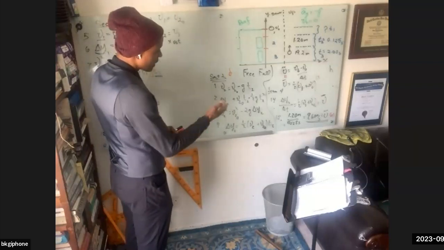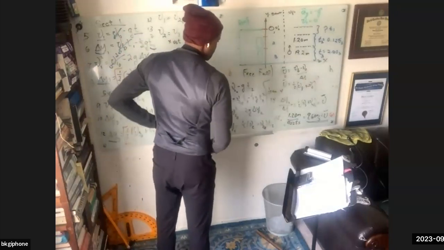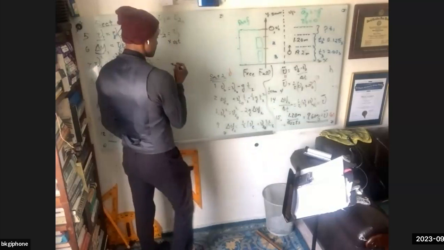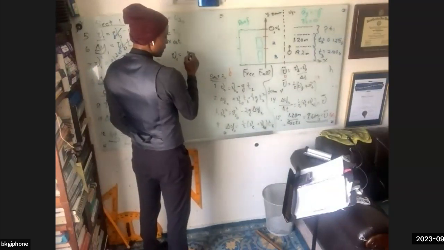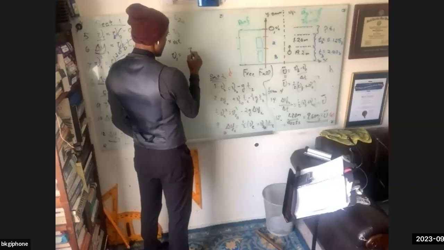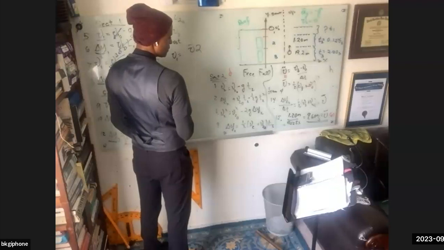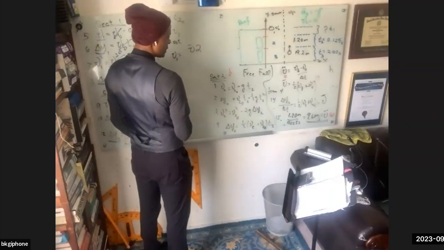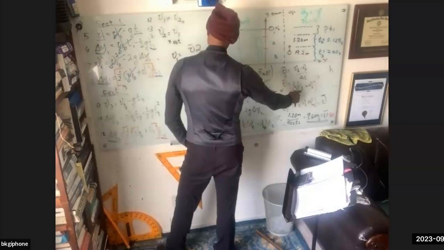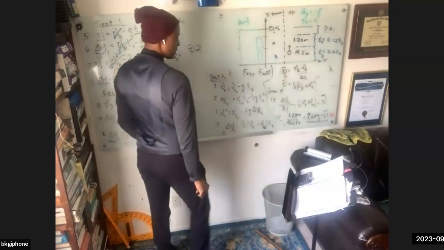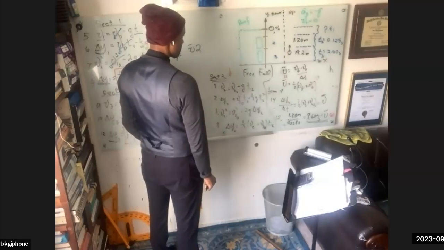So let's do it. Using that equation, V1, as I call it, is going to be equal to the average velocity times 2. So the V1 is the final velocity.